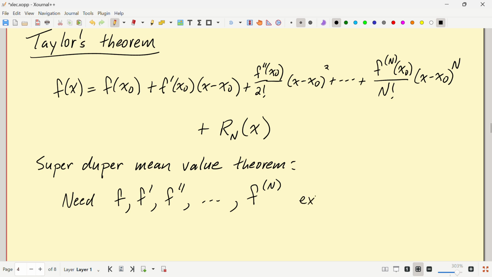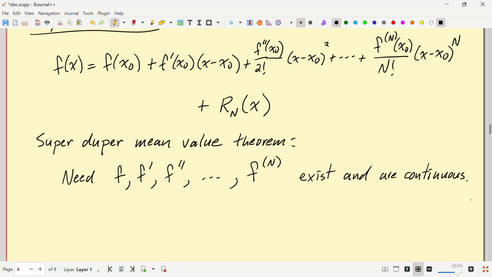So they all exist and are continuous. We also need the next derivative to exist, at least. It doesn't have to be continuous.